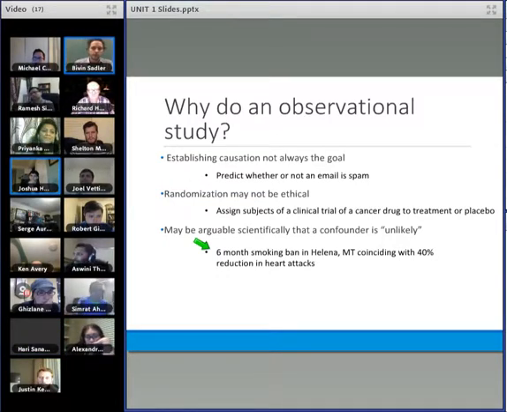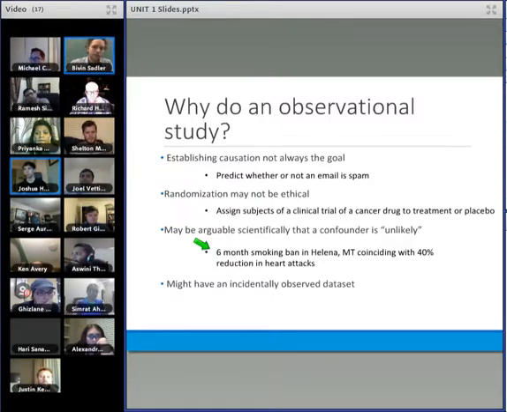They said, let's do a 6-month smoking ban, restaurants, outdoors, indoors, everywhere. And all of a sudden, in 6 months, there was a 40% reduction in heart attacks. It's unlikely that it was because of some other confounder when that was the exact same time period as the smoking ban, and they've never seen a reduction of 40% in heart attacks. It doesn't mean there's not a confounder, it's just that it's unlikely.